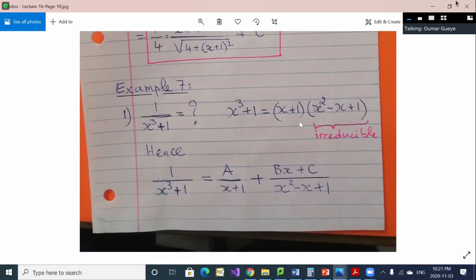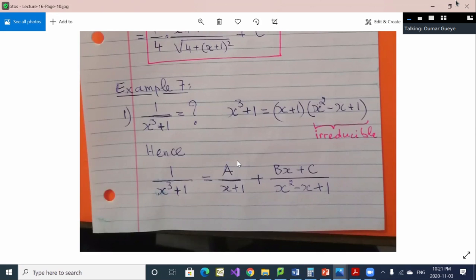Now we go to the second step. The second step says that from the linear factor, you can generate some terms. The linear factor is not repeated because it is power 1. That's why it's going to generate just one term. Since it's linear, we copy the factor as the denominator, and the top is always a constant. This is what I called previously A1.